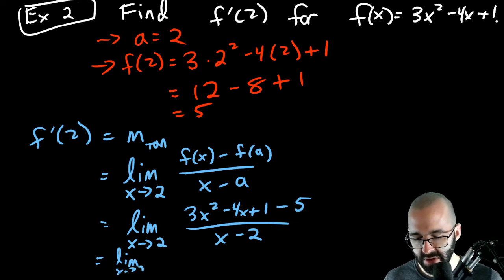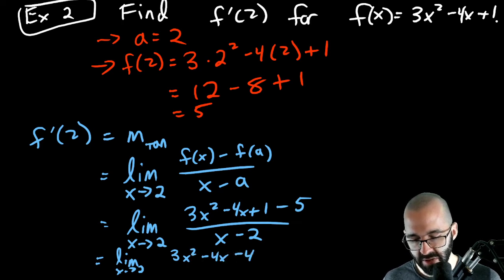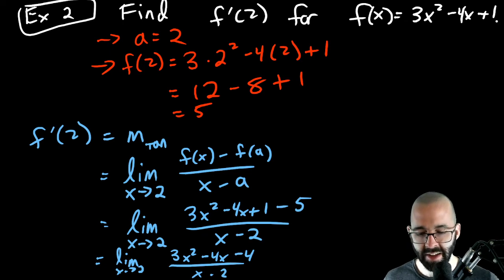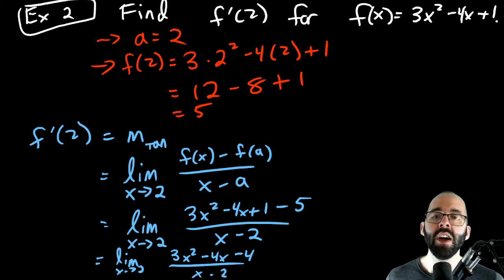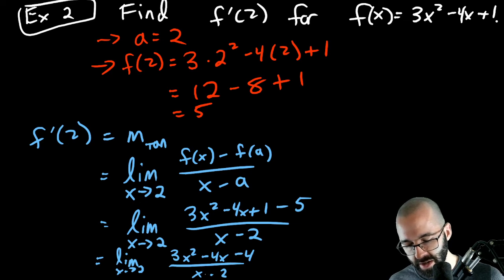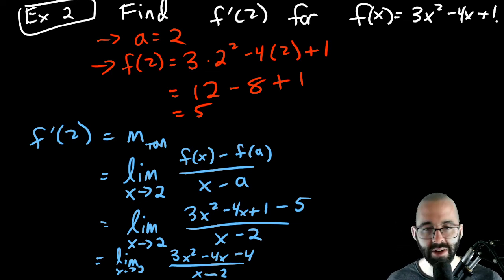The limit as x approaches 2 of 3x squared minus 4x minus 4 divided by x minus 2. This looks a little weird. Hope I didn't make a mistake. We'd like to factor the numerator, and hopefully the numerator has a factor of x minus 2 so we can cancel. All right.